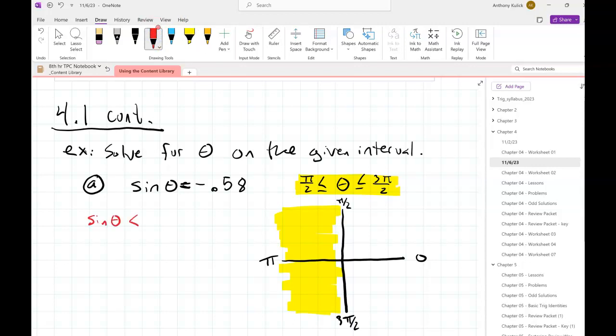I know that sine theta here is negative because, well, sine theta is negative 0.58, right? Now, on the xy axis, the y value, which is what sine is, is negative in quadrants 3 and 4, right?